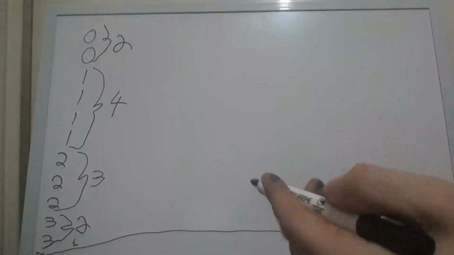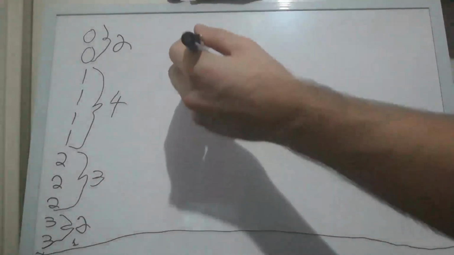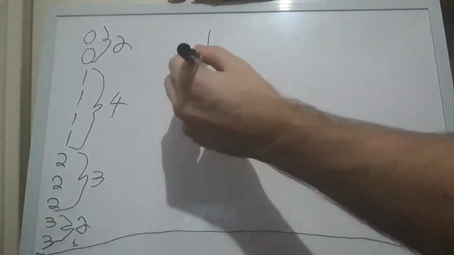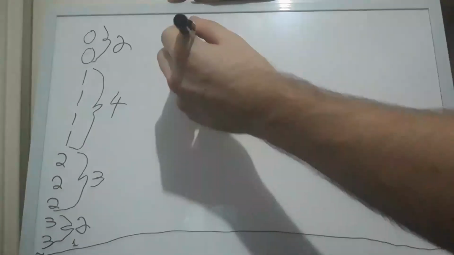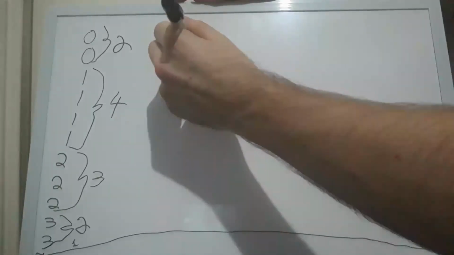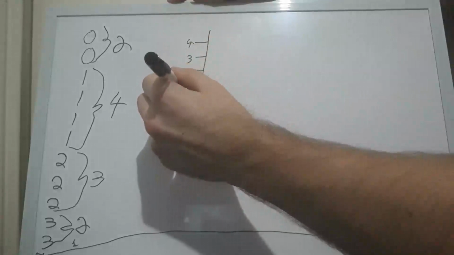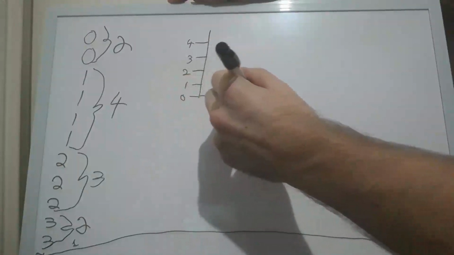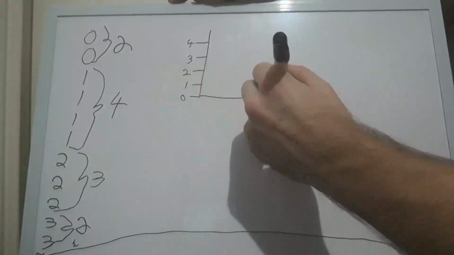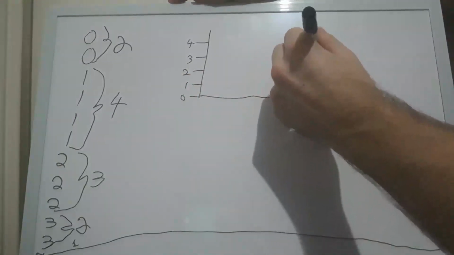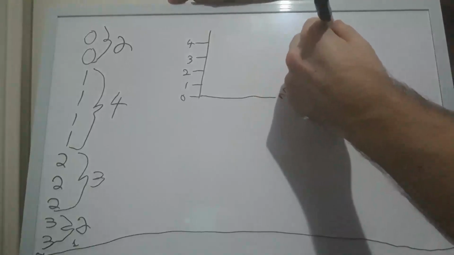So, using a similar bar chart sort of method, let's say, here will be 0, 1, 2, 3, 4. I'll put 0 there. This here is the number of children.